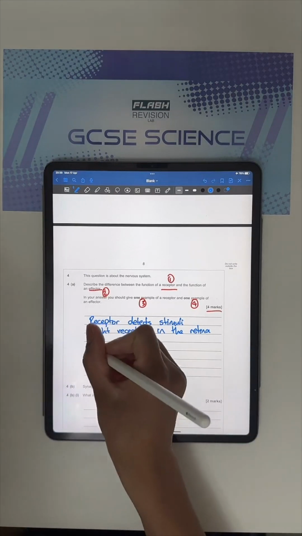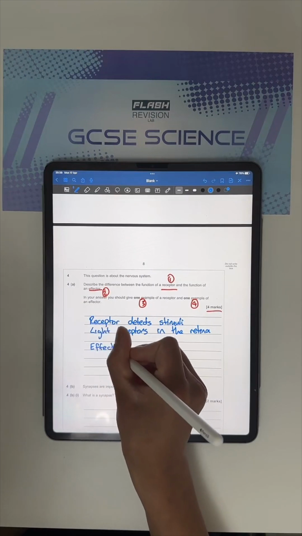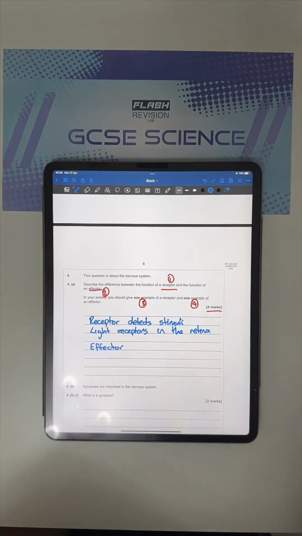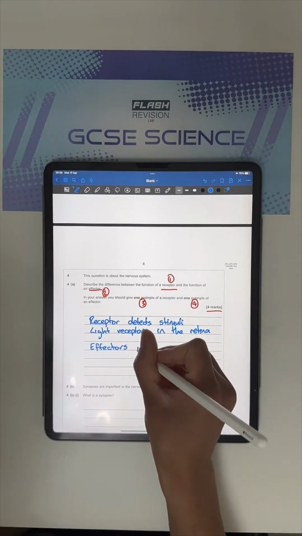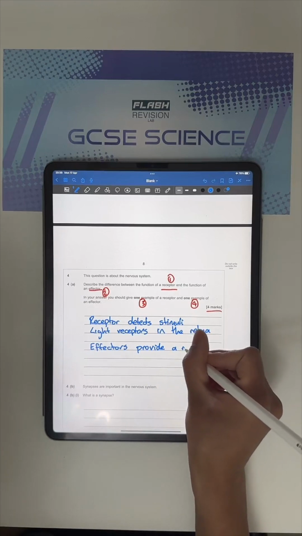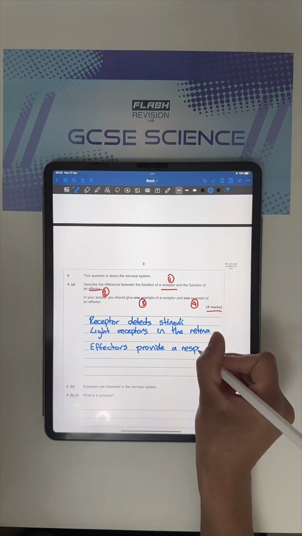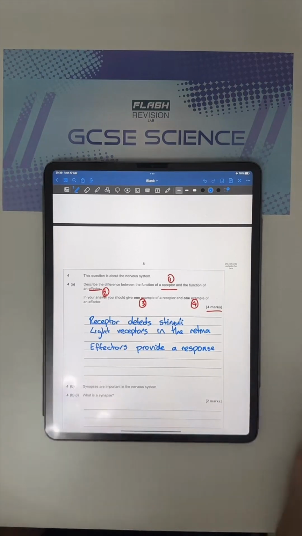And then we've got an effector. So what do effectors do? What would we say for a mark there? I think people have said they provide a response. Good, well done. So effectors provide a response. And they can basically be one of 2 things.